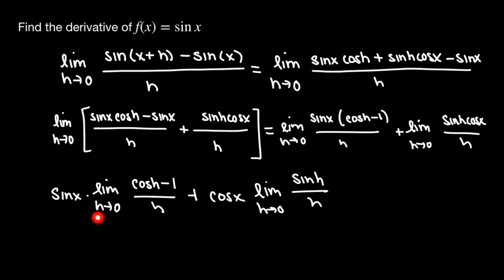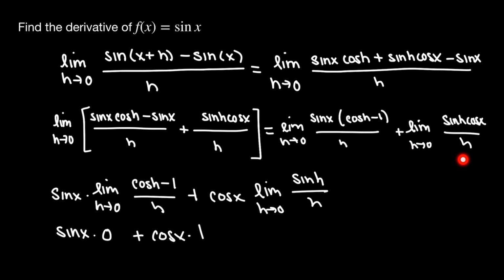This is actually one of those common or special limits that we learned about earlier in the semester when we were talking about limits. In fact, the limit as h goes to 0 of (cos h minus 1) over h is equal to 0. That's one of our special limits. I think I have that discussed in the video that talks about the squeeze theorem.